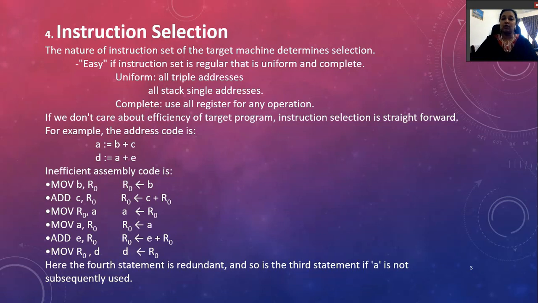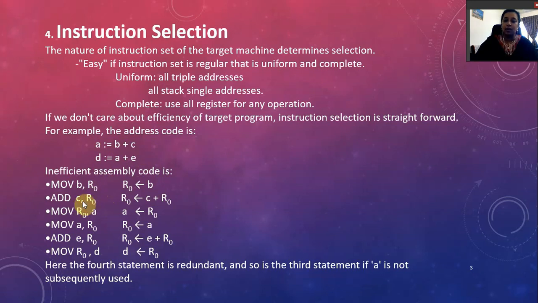But then the system does a little bit of analysis in order to optimize the execution time. So now what are we going to do? We are just going to take a simple example and see how it works out. You have two instructions in 3-address code format: a equal to b plus c and d equal to a plus c. Now b has to be there somewhere, so b is moved to a register.